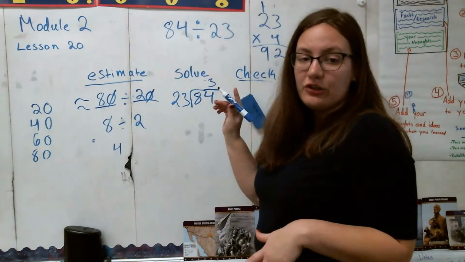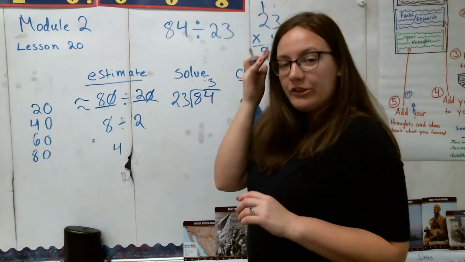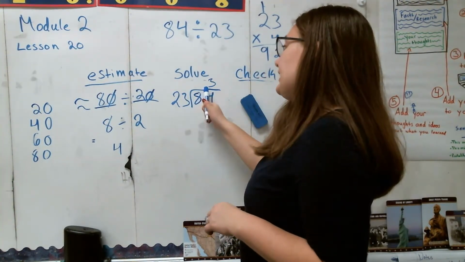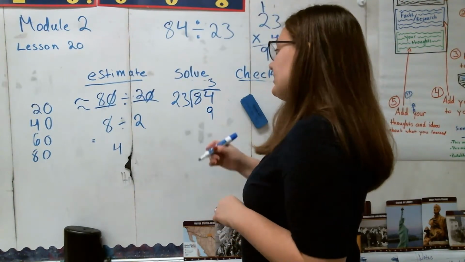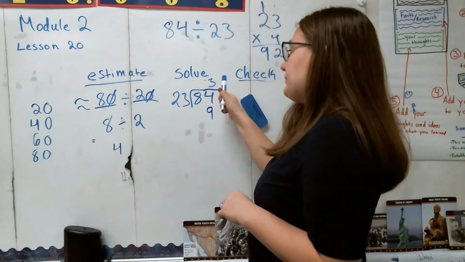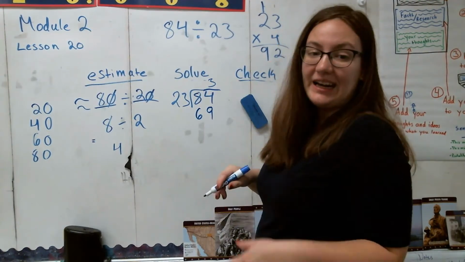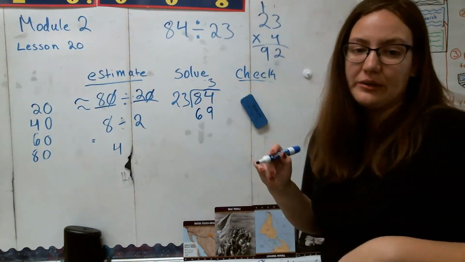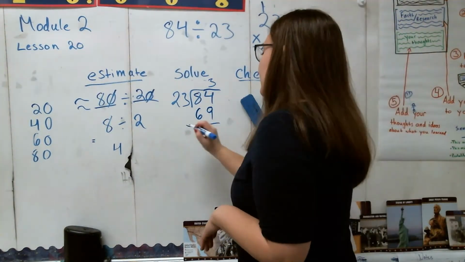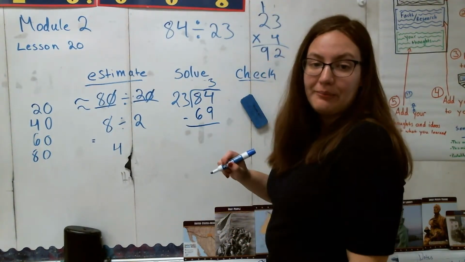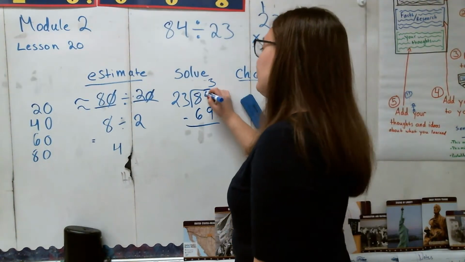And since there's no regrouping in this one, this is the problem that I'll just do in my head. So I'm going to do 3 times 3, which is 9. And then I do 2 times 3, which is 6, which gives me 69. And that is something I can actually subtract 84 from. So let's do 84 minus 69 now. I can't do 4 minus 9.